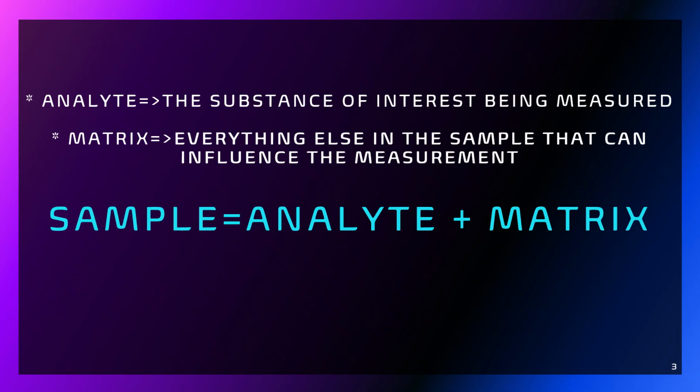Sometimes you encounter complex matrix situations, for example, when you are going to determine potassium in seawater. We know that seawater consists of numerous cations and anions and organic acids, and generally we do not find such situations in our lab.